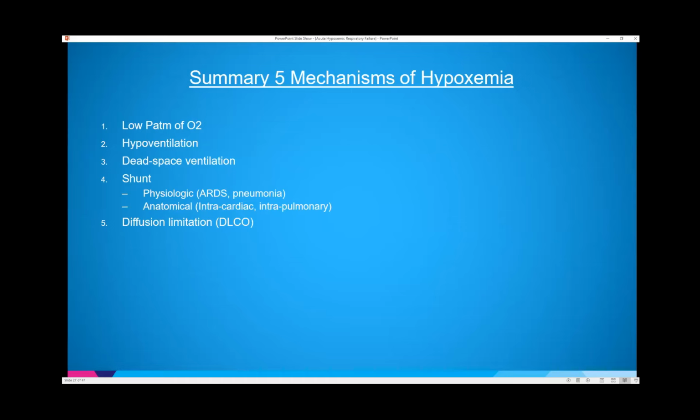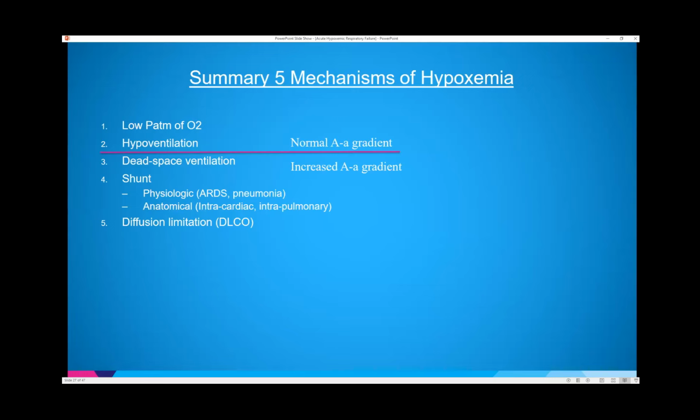Here we talked about pulmonary edema, which can also lead to shunt, but interstitial lung diseases, anything that impairs that gradient from the alveolus to the capillary can lead to a diffusion limitation. The AA gradient really helps us to differentiate the two. With a low atmospheric O2 and hypoventilation, I'll have a normal AA gradient.